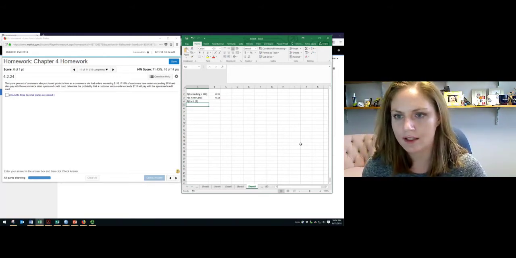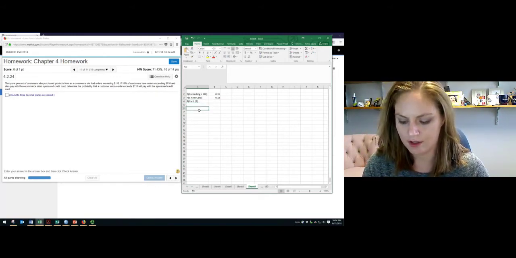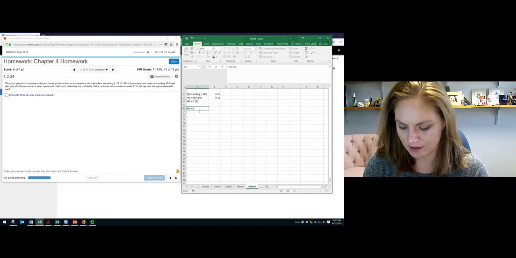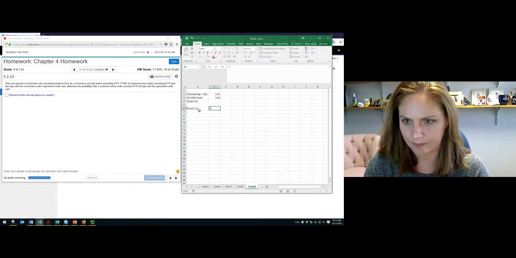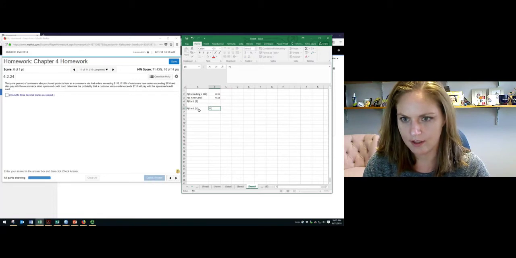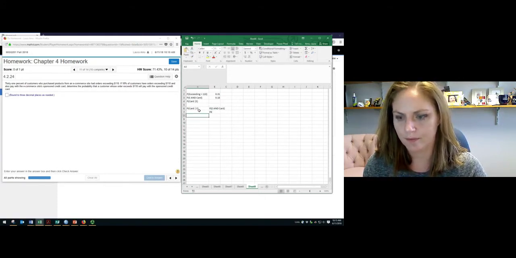This is an example of the probability of card given E, equal to the probability of E and card divided by the probability of just exceeding.